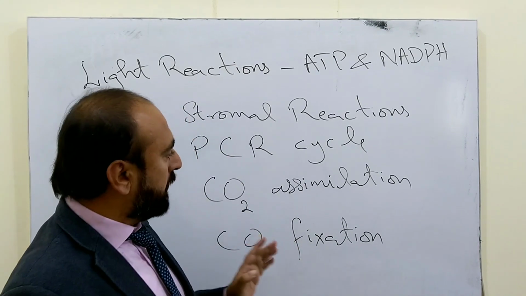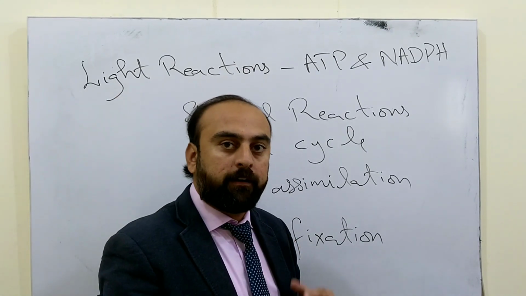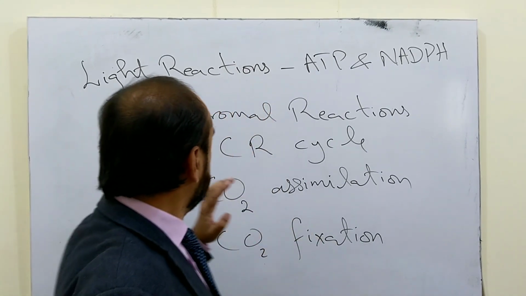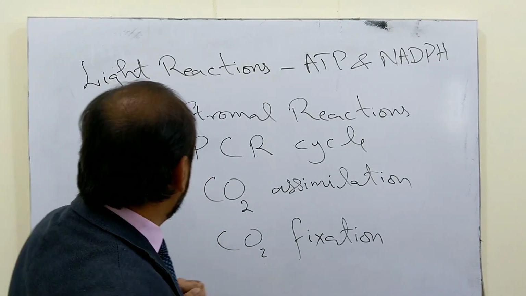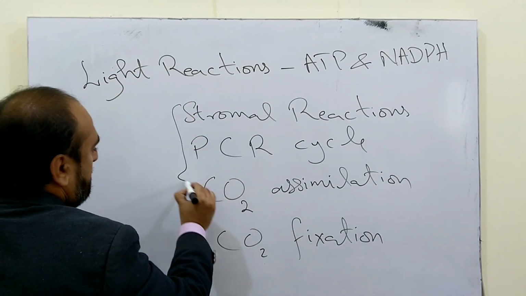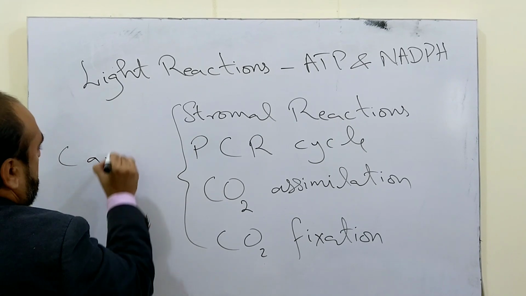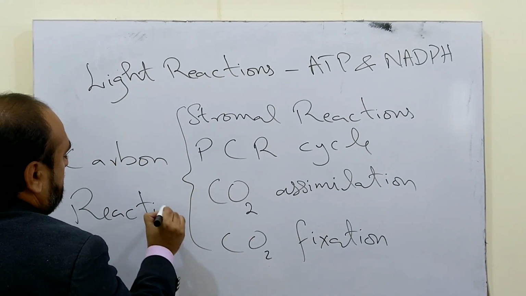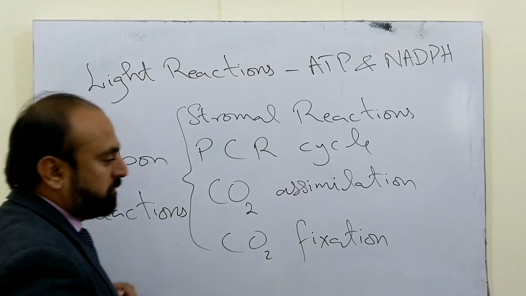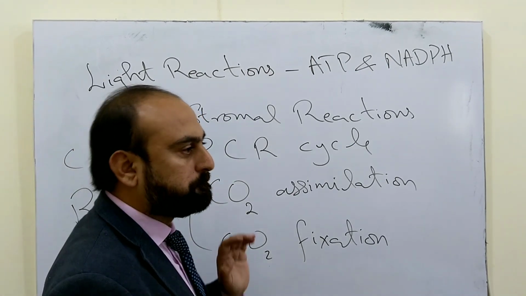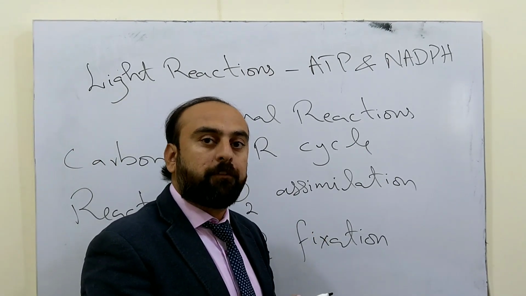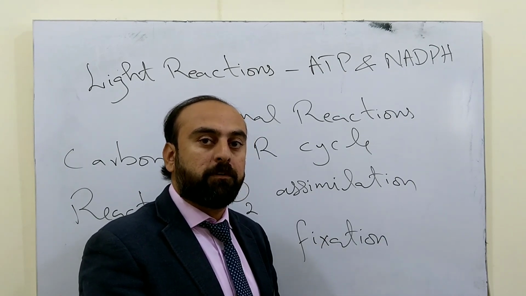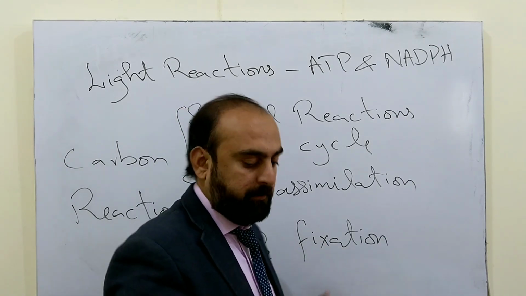So there are different names which you will find in literature. To simplify, we will use the term carbon reactions, because in this set of reactions, carbon dioxide is going to be reduced to carbohydrates.